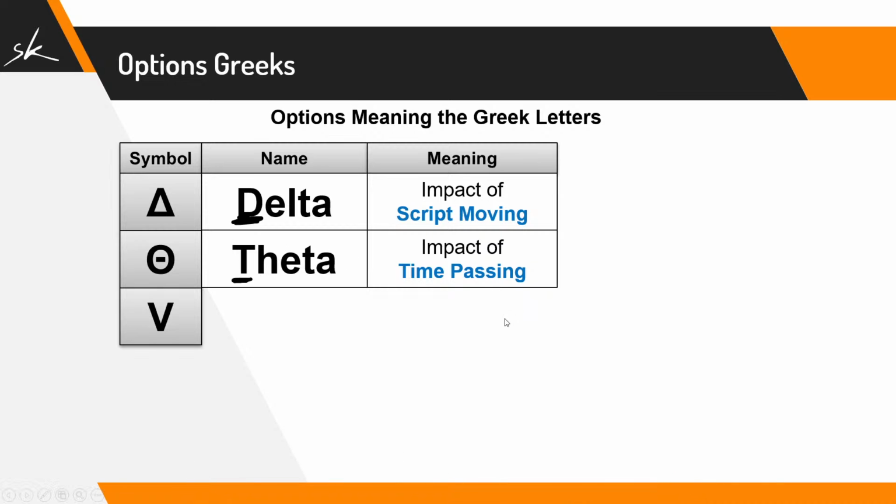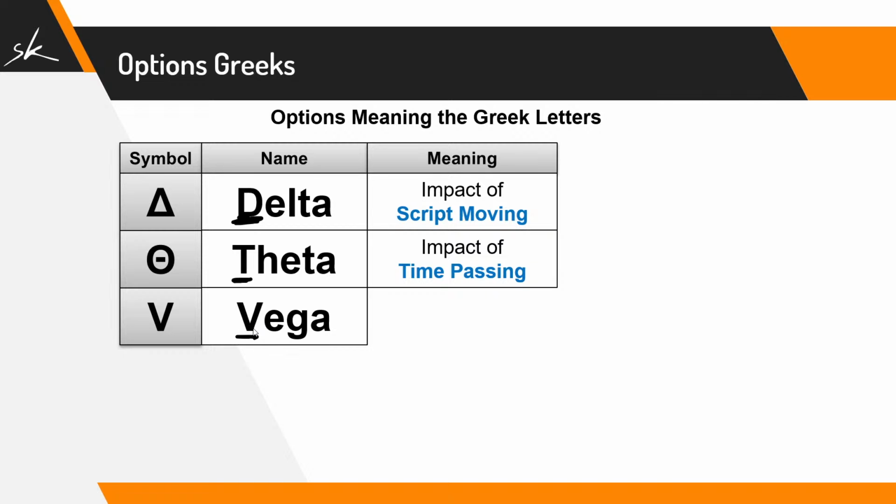The next Greek is Vega. V stands for Vega. From V we remember volatility, right? We talked about historical volatility, we talked about implied volatility. But if you remember, we said implied volatility is based on the options pricing. So when we are talking about Vega, which is volatility, we are talking about the implied volatility, not the historical volatility, because historical volatility is based on the underlying, not based on the option pricing.